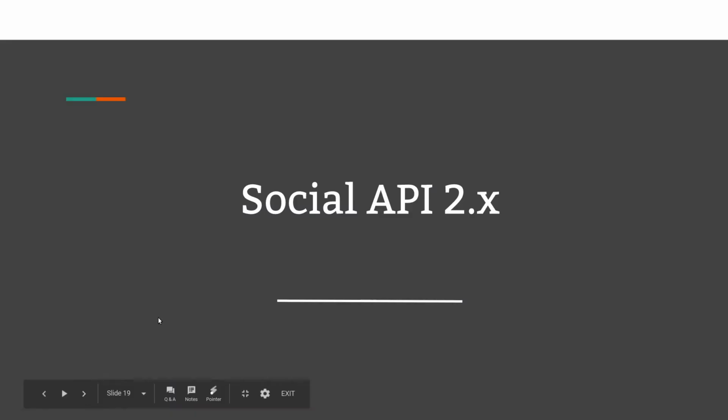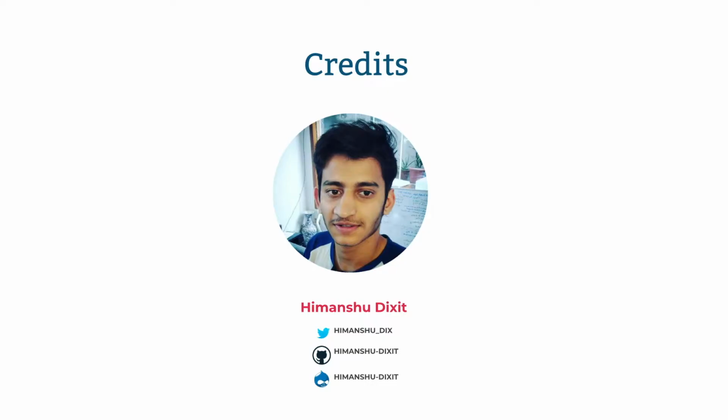Okay, that was during GSoC 2016, but we needed more. We were not quite there yet. So we developed something during GSoC 2017. We were on Social API 2.x, and it was developed by Himanshu, who was a GSoC student last year.